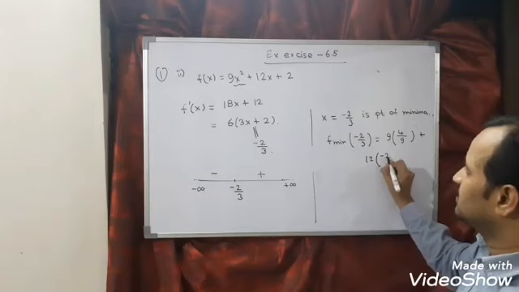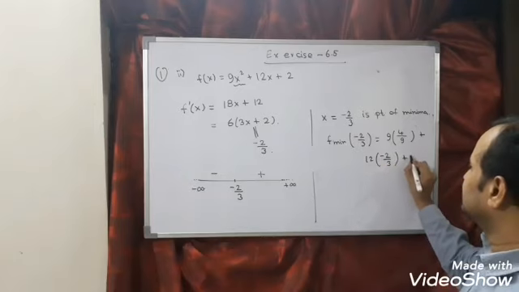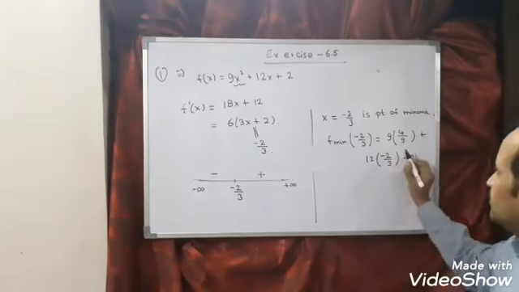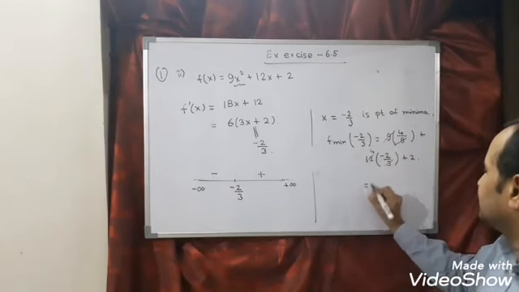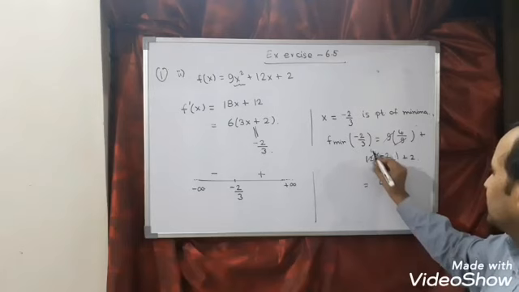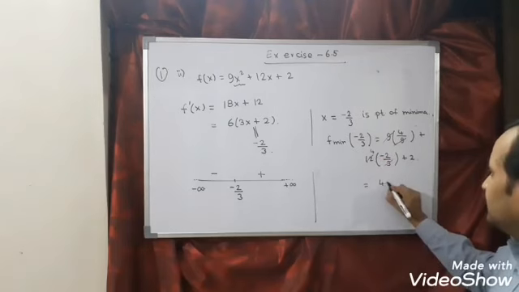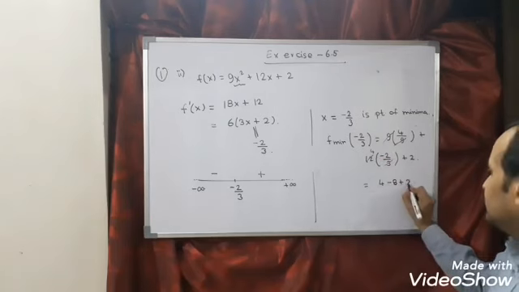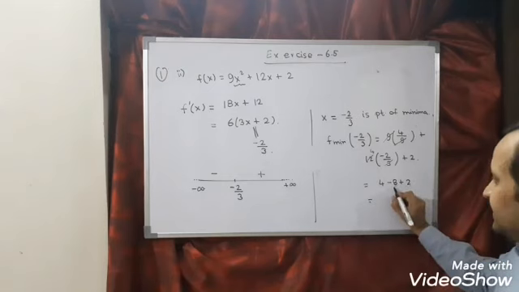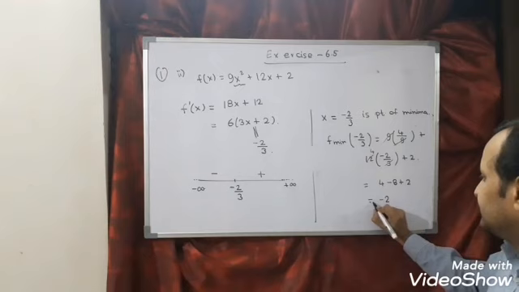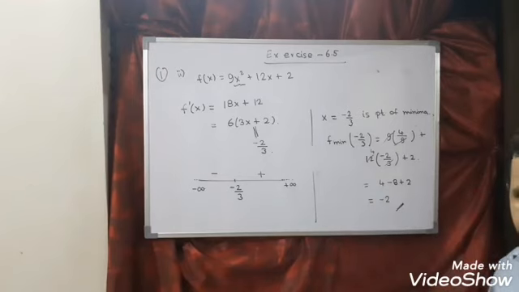X is nothing but minus 2 by 3, plus 2. So you can see here 9 cancels with 3 4. So the answer here, I think, 4 will come. Here how much? 4 into minus 2, it is minus 8, plus 2. So 4 plus 2 is 6, and 6 minus 8 is minus 2. So this is the required answer.